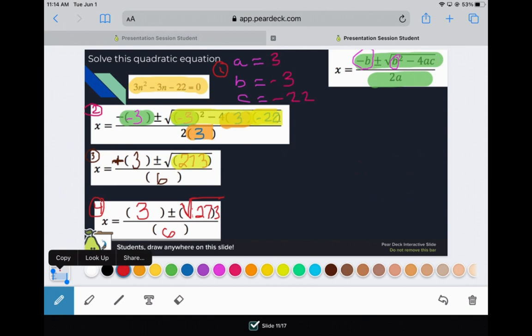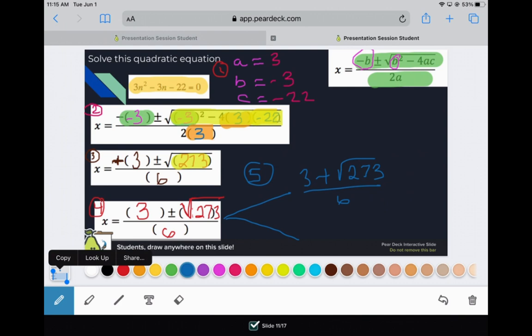Okay? Then I would get to the last step, step number 5. Remember, I have the plus and minus. So for the last step, I'm going to split this into 2 answers. The first one is 3 plus square root of 273 over 6.